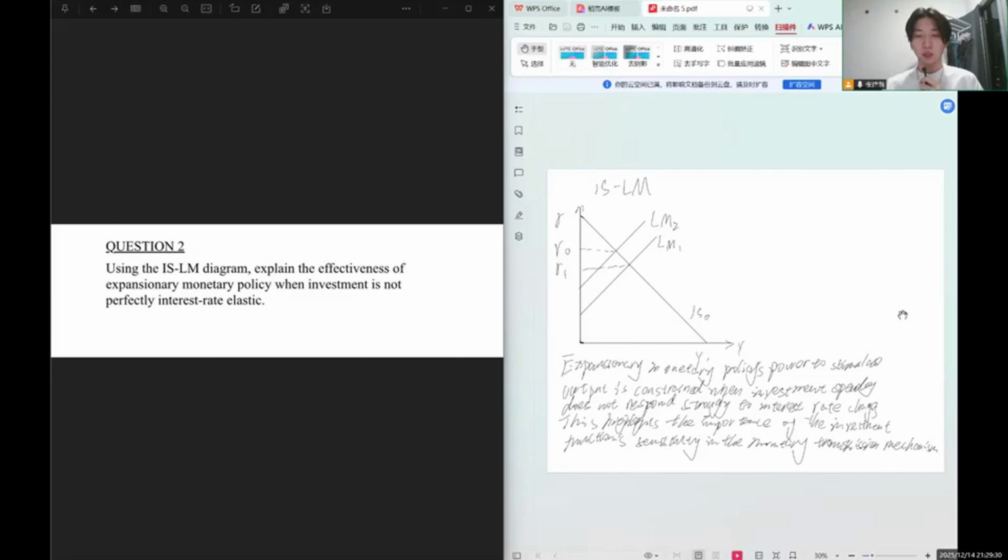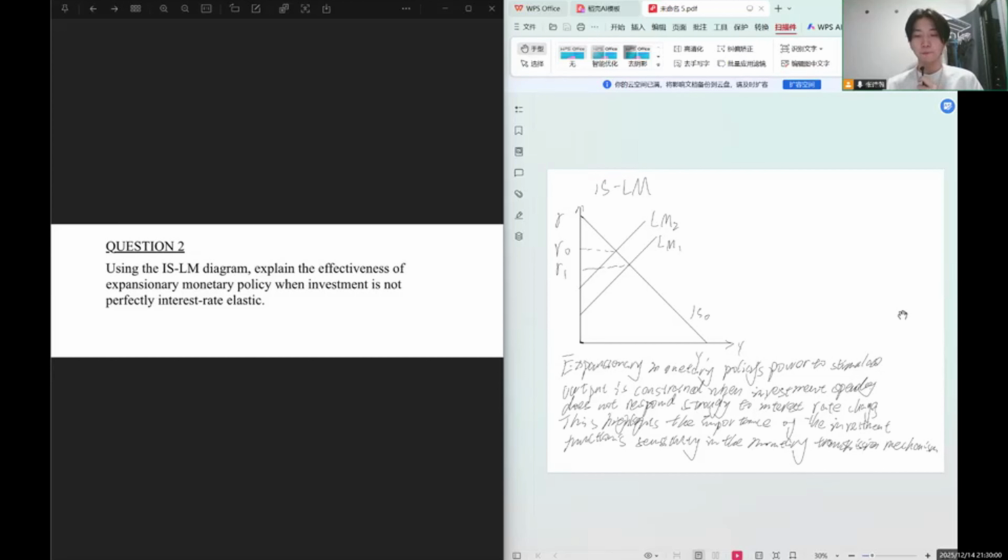In the extreme case, where investment is completely interest inelastic, expansionary monetary policy becomes entirely ineffective in raising output and only lowers interest rates.